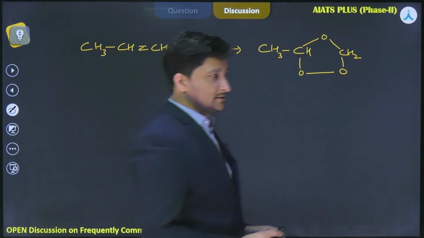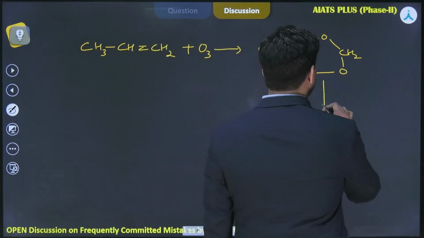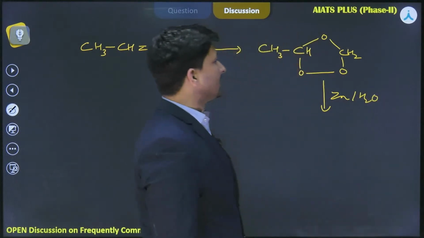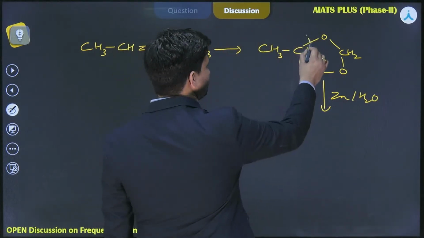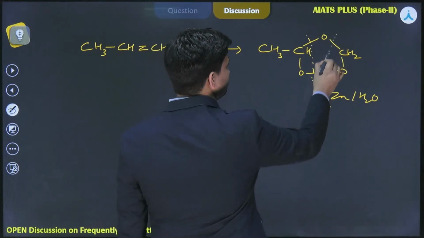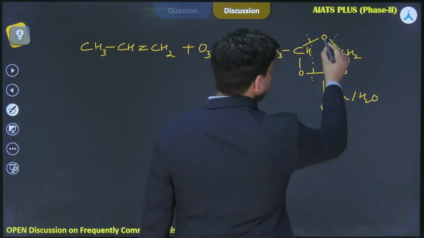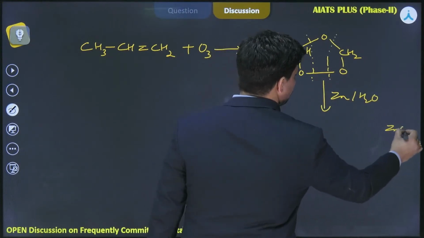Now, once you add zinc and H2O, in presence of zinc and H2O, cleavage will take place like this. And what we are going to get, see, zinc will react with this oxygen, you will get ZnO.